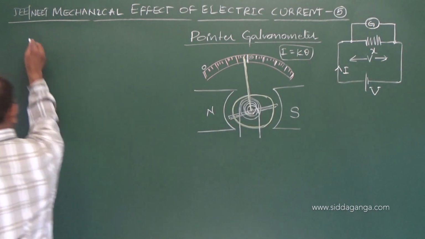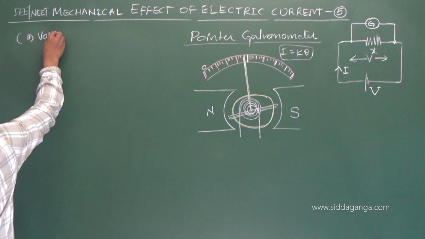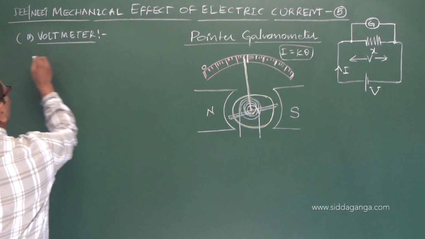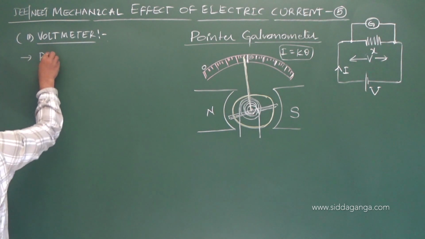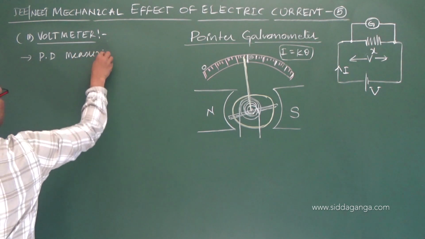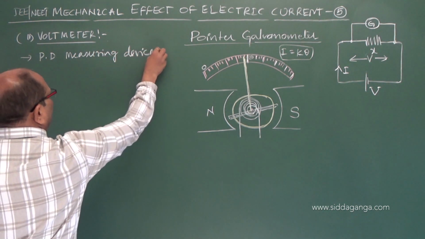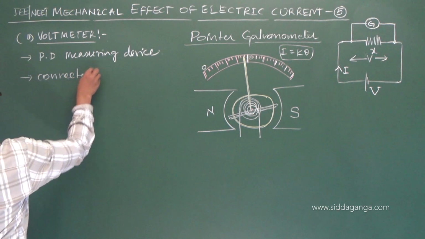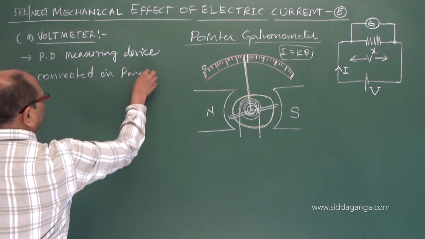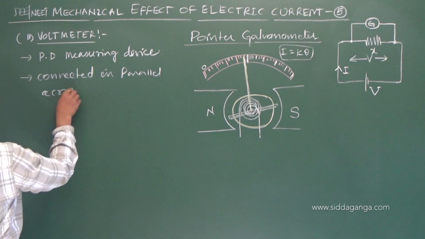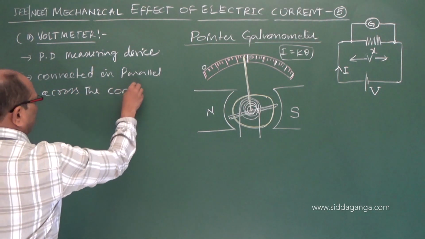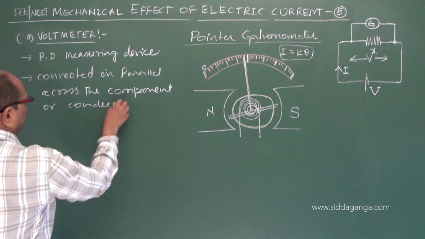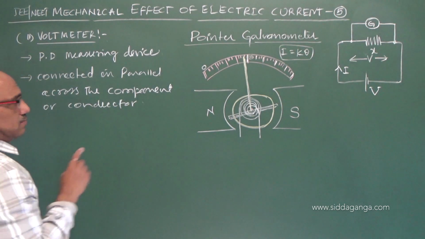A voltmeter is a potential difference measuring device across a conductor. It should be connected in parallel across the component or conductor across which you want to measure the potential difference.